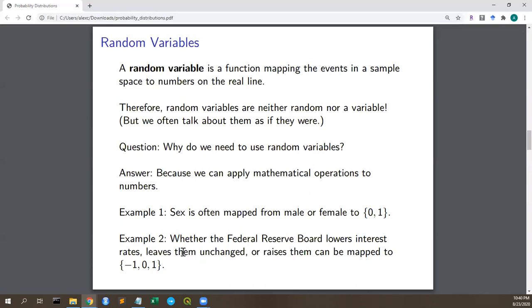So lowering interest rates, we can count as a -1, leaving them unchanged can be a 0, and raising them can be a 1. So we use these random variables to convert real life into numbers so we can analyze it. And then it is up to the econometrician, or us, to interpret those numeric results back into the real world so we can talk about it a little bit more efficiently.